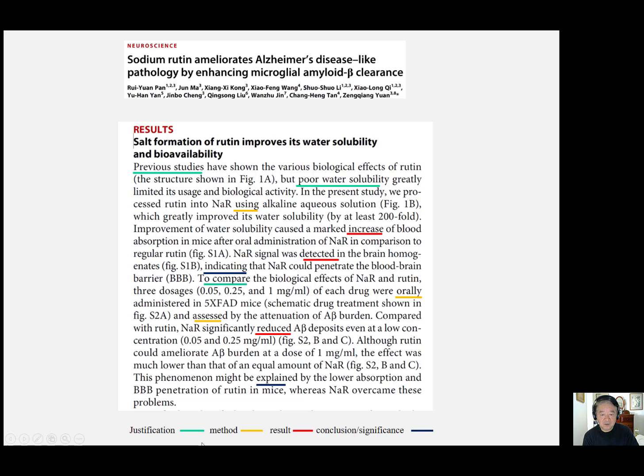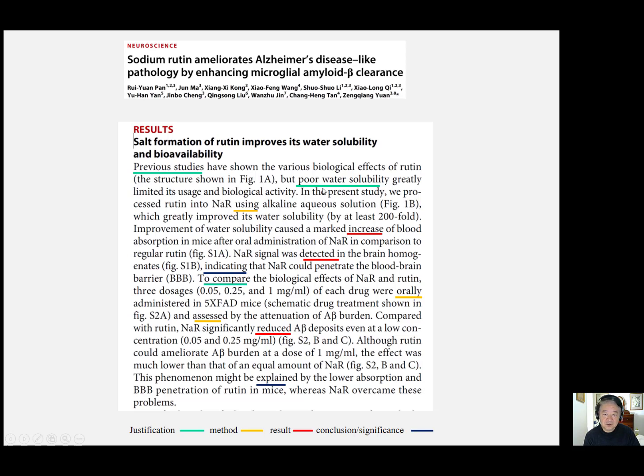So I have highlighted with 4 different colors here to show: the green is the justification why this work is done. Then we have the method section, I use the yellow, and results I use the red, and the conclusion I use the black to highlight.